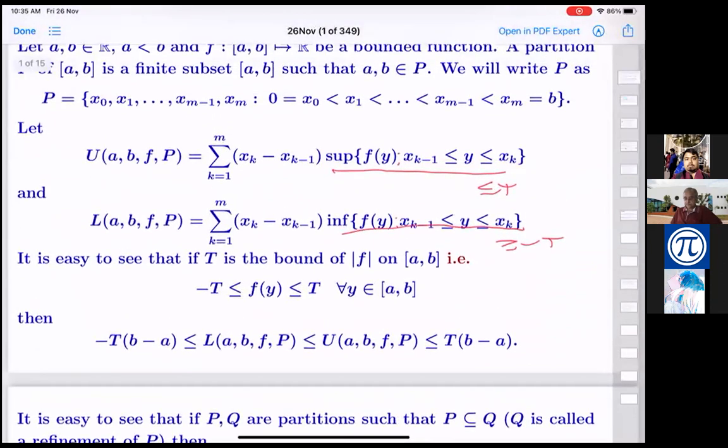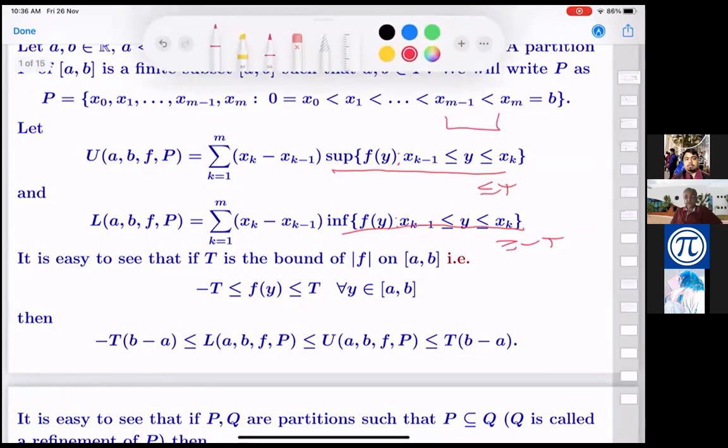Let's look at this. Let's take the simplest case where Q has been obtained by just adding one point somewhere. Let's say we add a point here. Then the total will become m plus 1. The first m minus 1 objects are the same, so their upper and lower bounds will be the same.